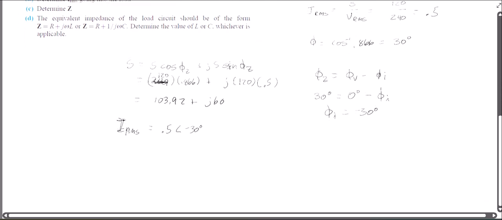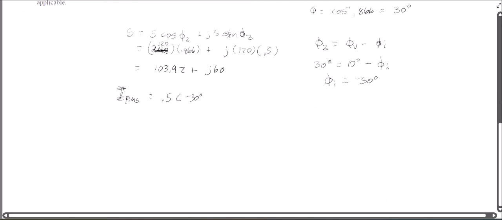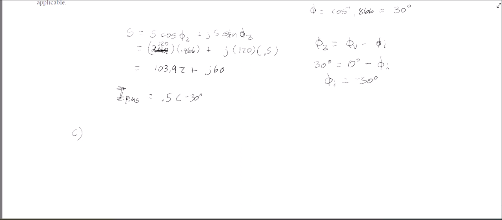And just like with all the others, there's going to be multiple ways of doing it. So I know that a number of different things, but in particular, I know that S equals Z times I RMS squared.